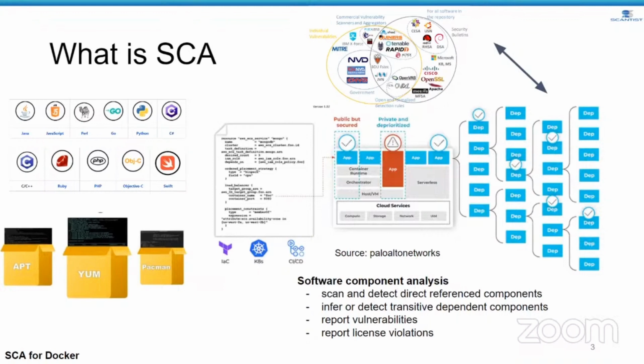The first level is the package you install, and this package may reference some other packages, so it becomes a tree of modules and components. When you install these components, you never know if they have issues like CVEs. So SCA is basically to scan your Docker environment to track this dependency tree.